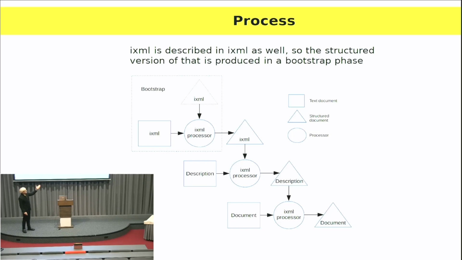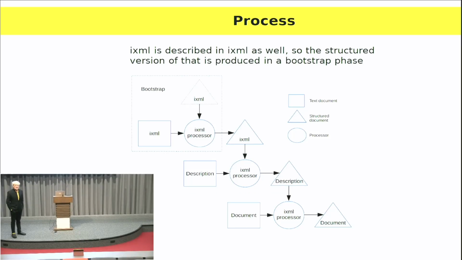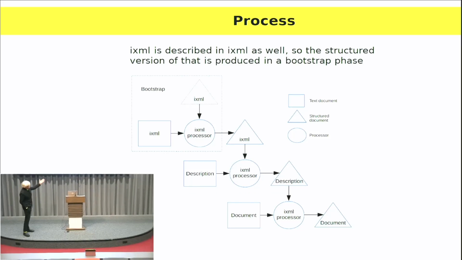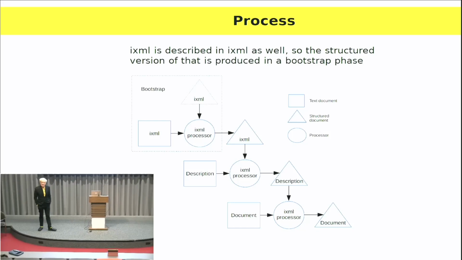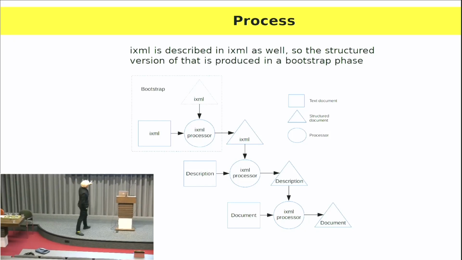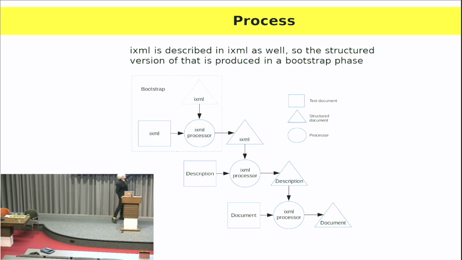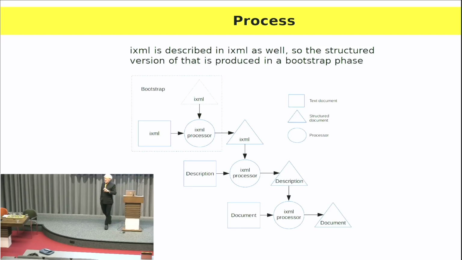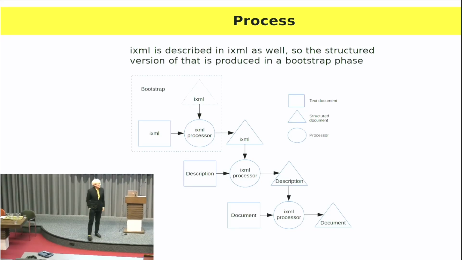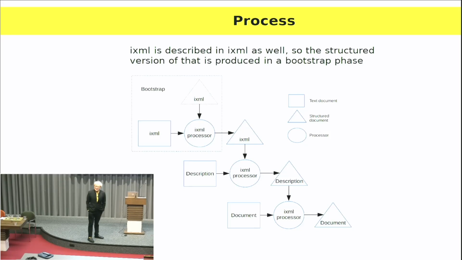But you could also produce one, and somebody already has, serialized to JSON or, I don't know, to CSV. Anything that's sufficiently structured, you can serialize the structure that you've recognized. So there's nothing essential in this process that's hardwired to XML.